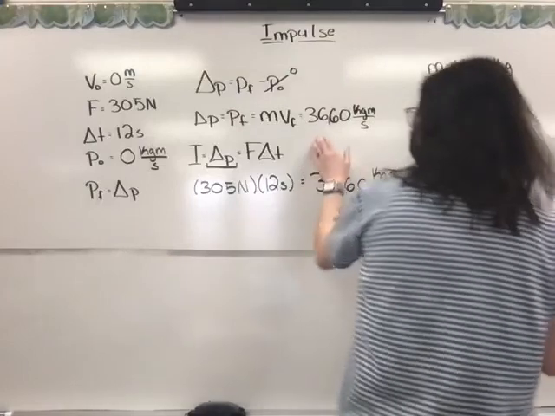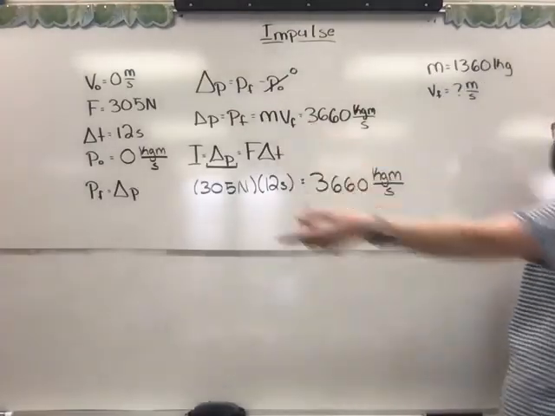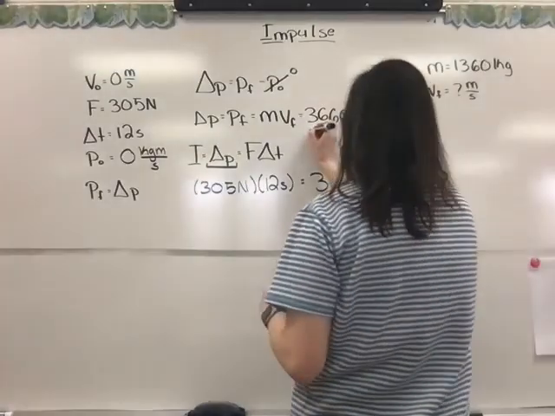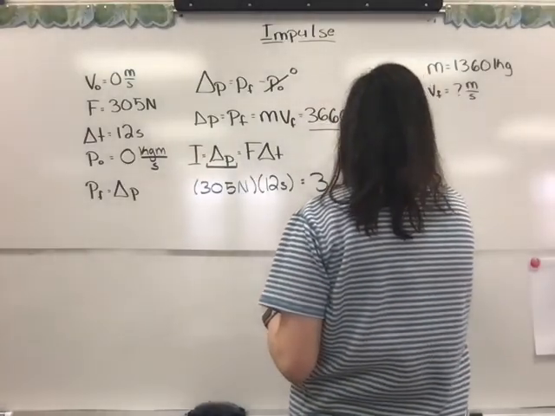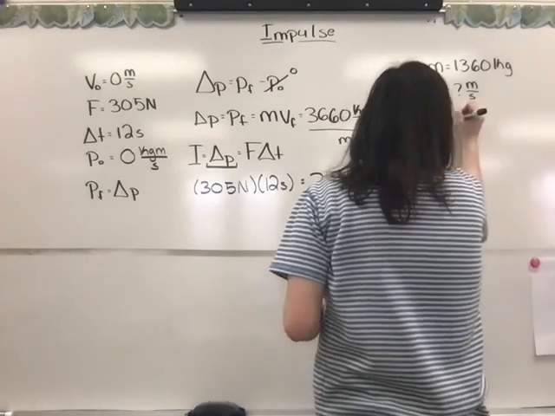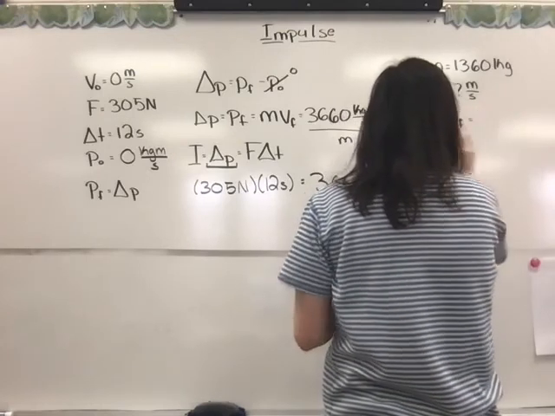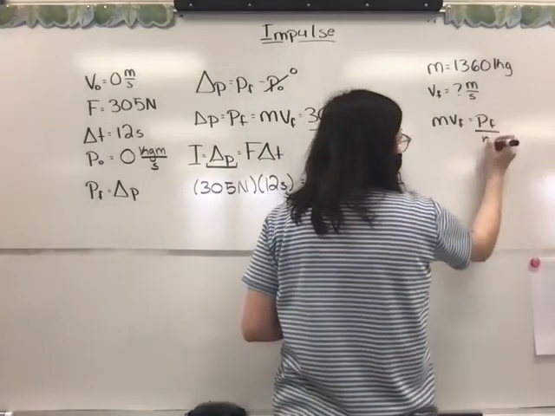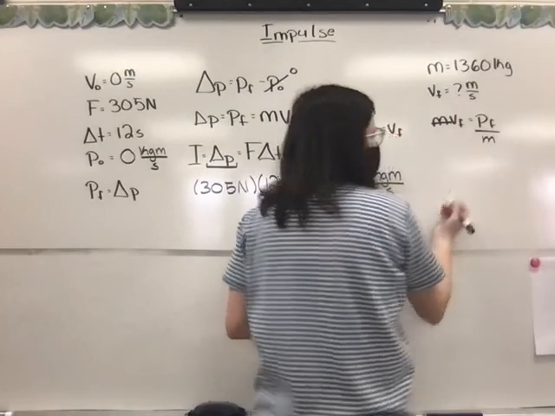So, like Lainey just said, we're going to take this final momentum and divide it by the mass, m, in order to get a final velocity.